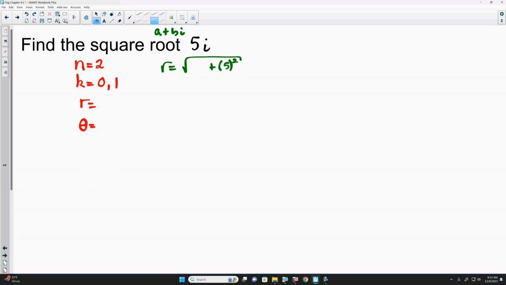Is there a number in a's place? Well, no, because there's not a number written in front of 5i. So it's 0. If it's not written and there's a variable there, it's understood to be 1. But if it's not there at all, it's completely gone, it's 0.